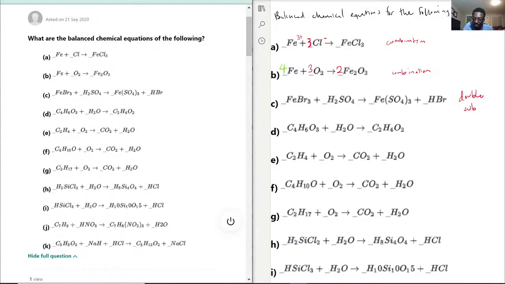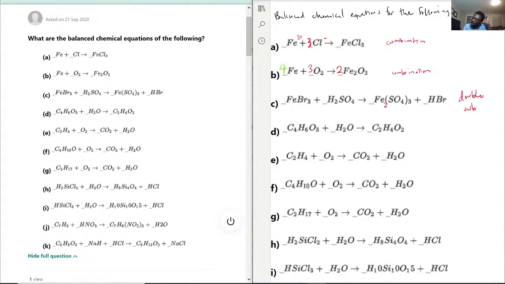So we want a nice 2 right there, because this thing just might have a bunch of H's with it. So when we're balancing this out, we're going to be really liberal and just, I guess, adding whatever we please, at least in terms of what makes sense in the real world.